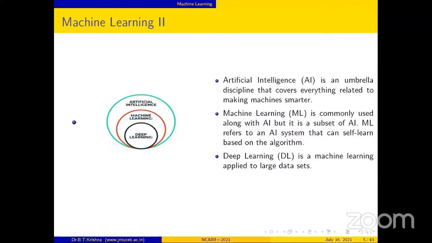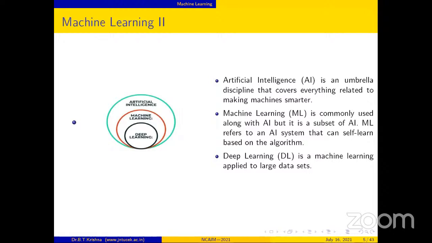So let us take an example of Deep Blue, which is a chess playing computer developed by the IBM company. This defeated the world famous chess champion in 1996 or 97. So artificial intelligence deals with everything related to machines which are smarter.